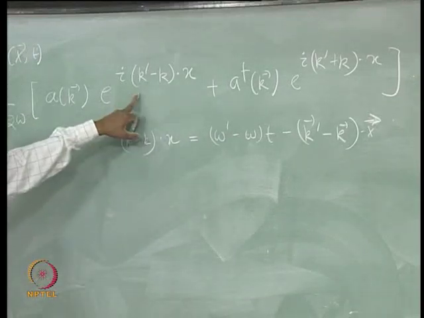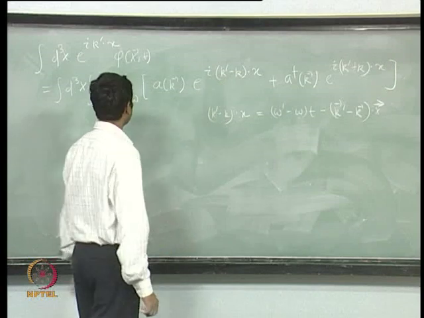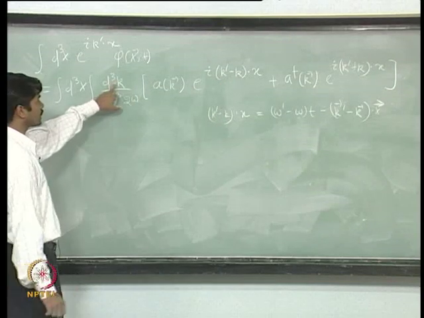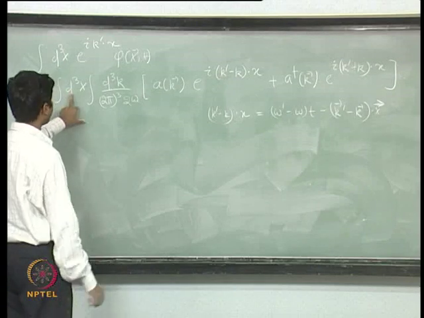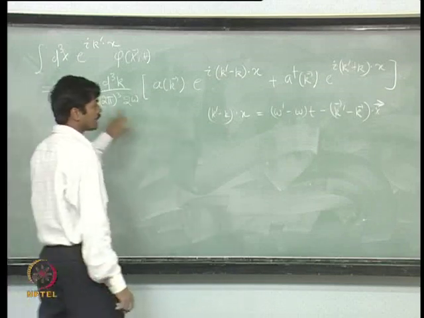So, this will give two terms, and when we carry out this integration over d cube x, we will get a delta function.